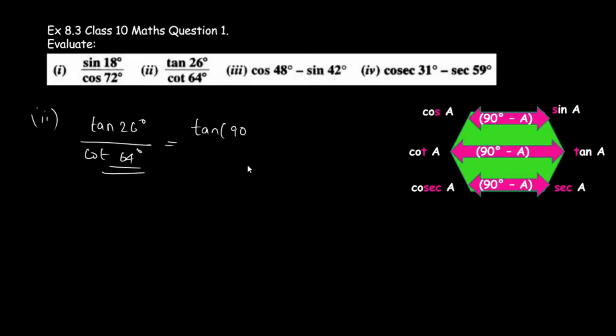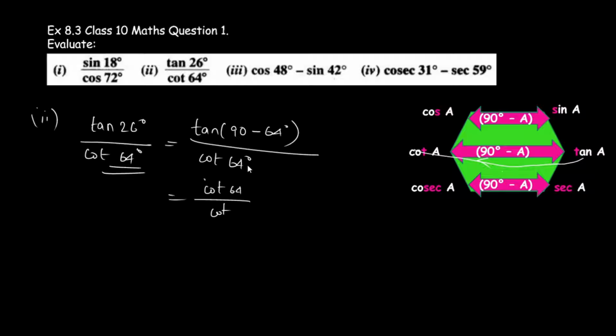We can write 26 as 90 minus 64 degrees, since 90 minus 64 is 26. Tan is always a friend of cot, therefore tan of 90 minus a is cot a. Tan 90 minus 64 is cot 64. Cot 64 by cot 64 is equal to 1. Hence the solution.